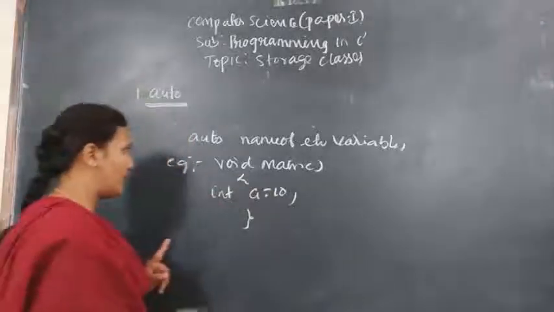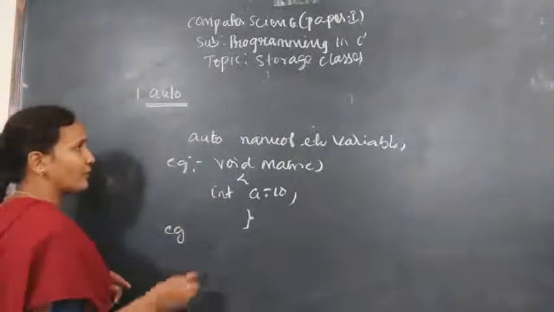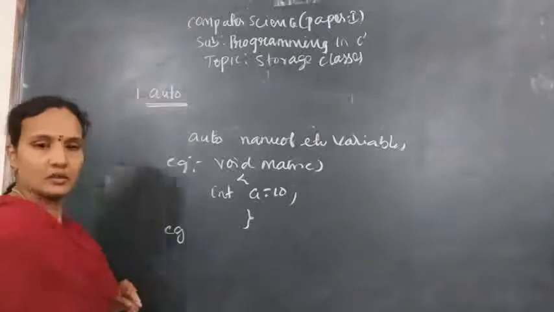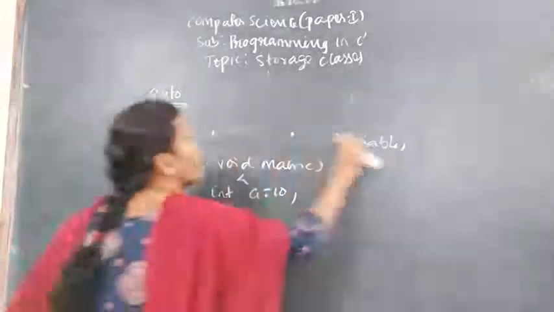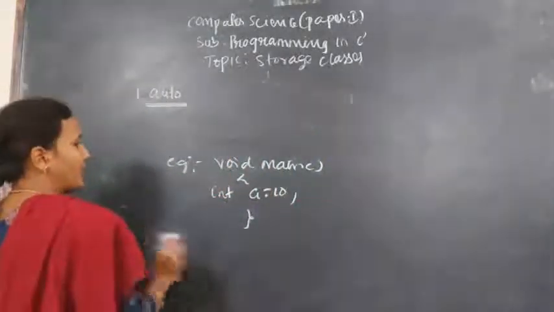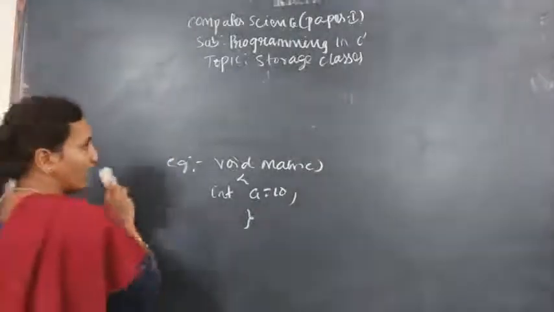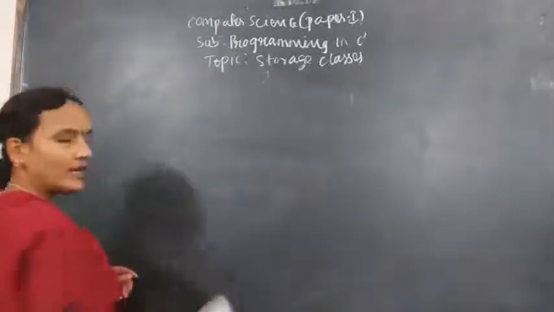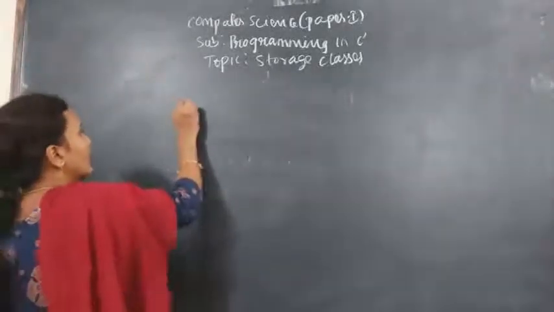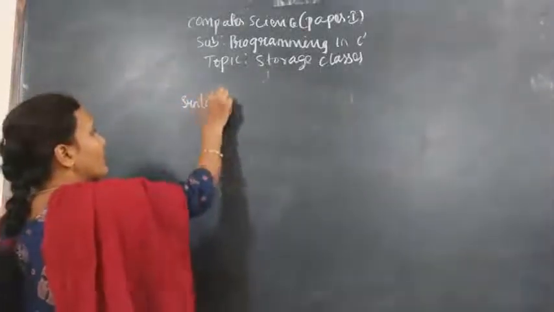This is one example. The second one, first you write this. Next I'll give you one more example with the auto keyword. Actually, what is the syntax of the auto variable?